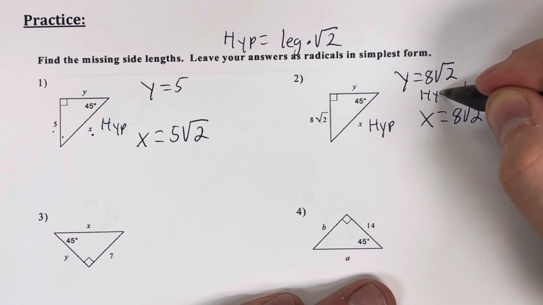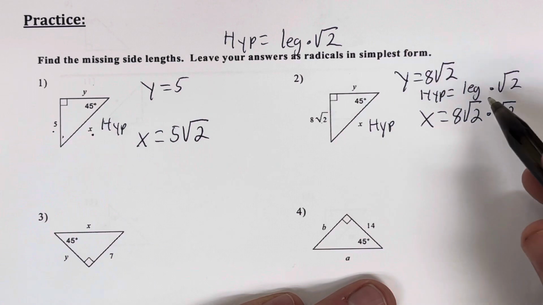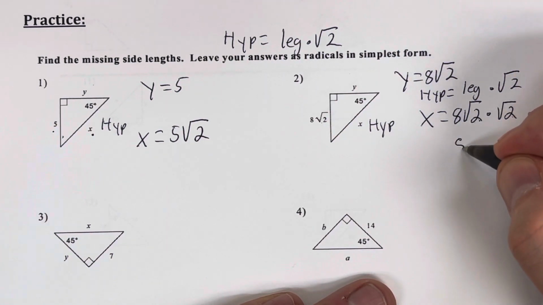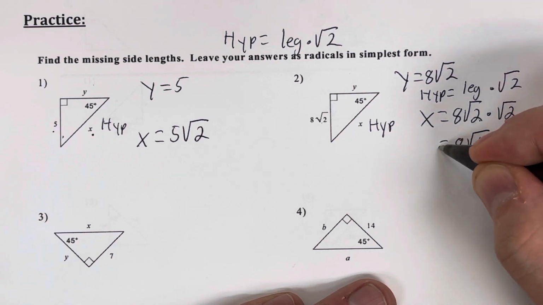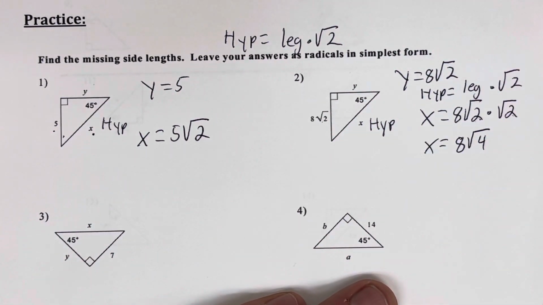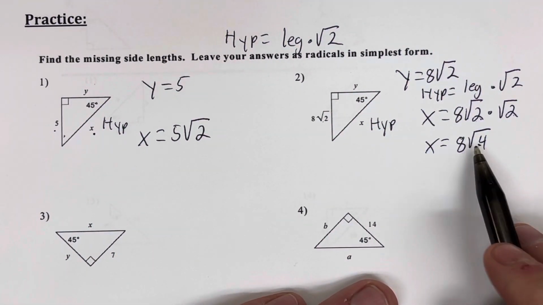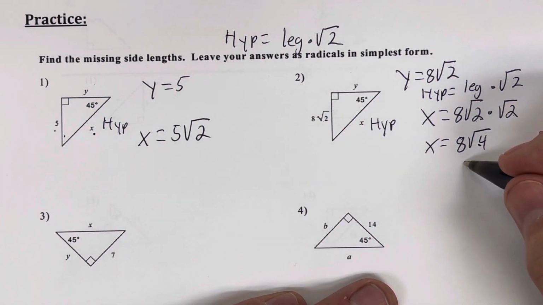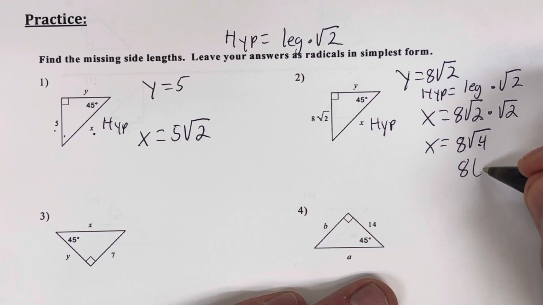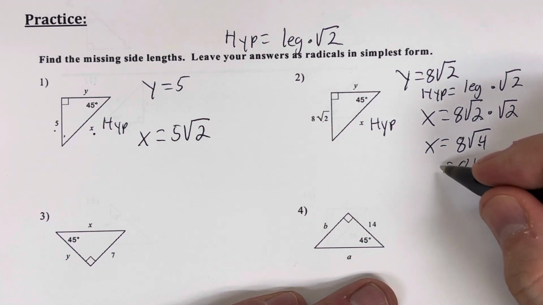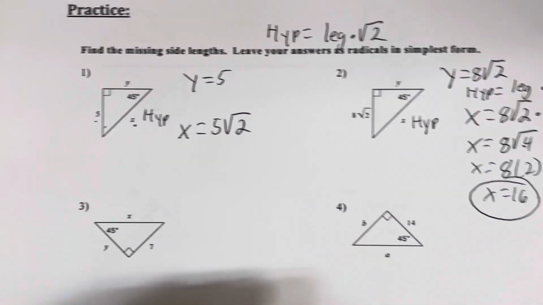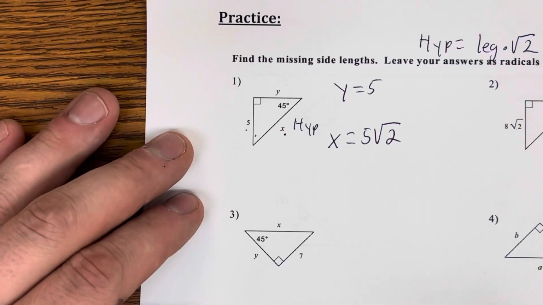That's equal to the hypotenuse. So when I simplify this down, I have to multiply these radicals together. So I'd have 8 times the square root of 4 equals x. Now I can take the square root of 4 because that's a whole number. So I'd have 8 times the square root of 4 is 2, and 8 times 2 is 16. Okay. On to the next one.